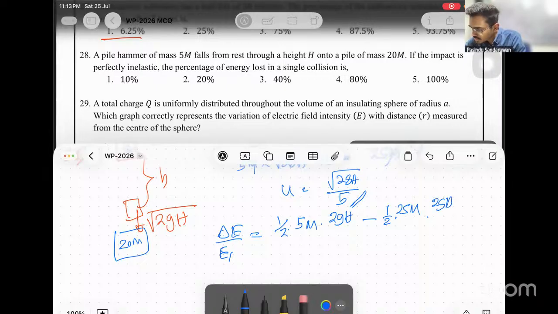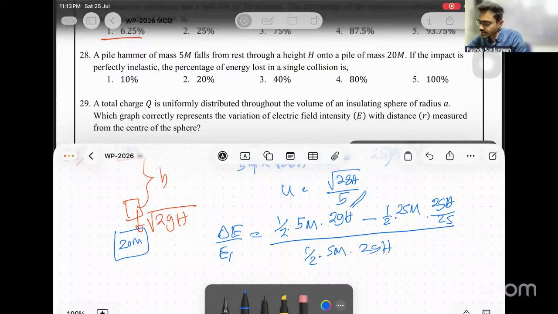The whole thing over the initial energy, again half 5m 2gh.